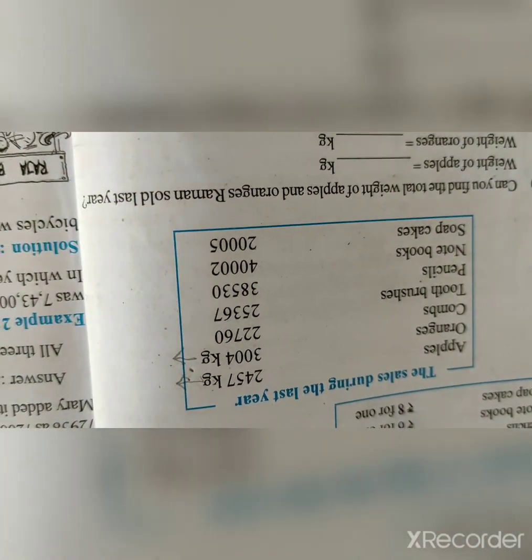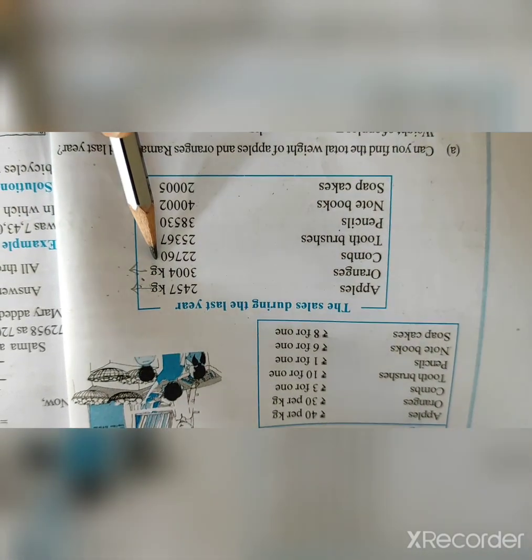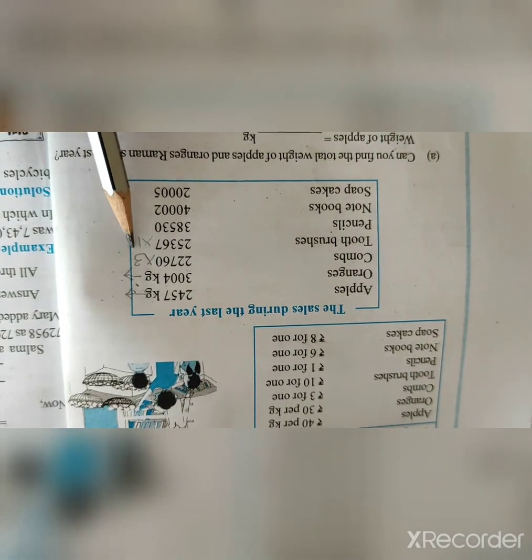For solving this question, what you will do, you will make your list. Already two things, you know, I explained how you can solve. After that, combs. The number of combs sold by Raman is 22,760, and the price of one comb is rupees 3. So multiply by 3. Whatever answer you are getting, you will write here. And here toothbrushes, multiply by 10.